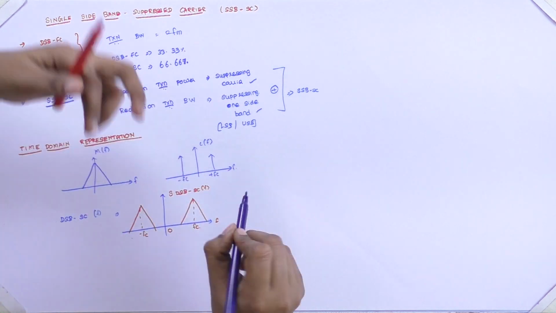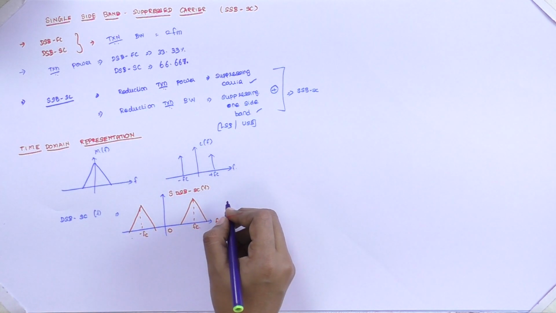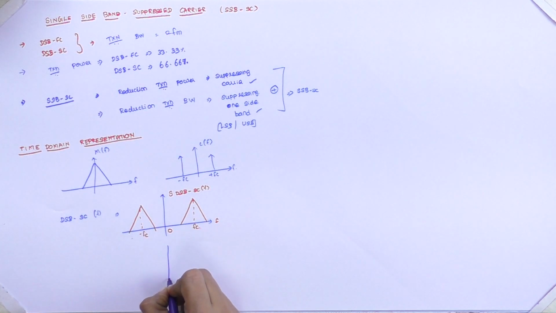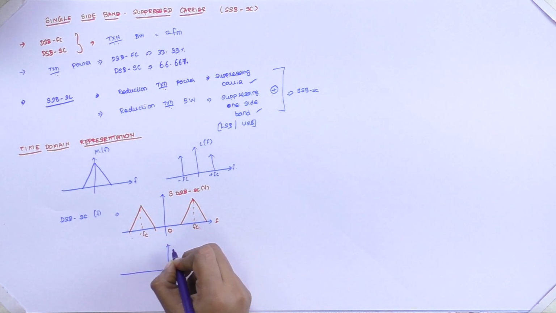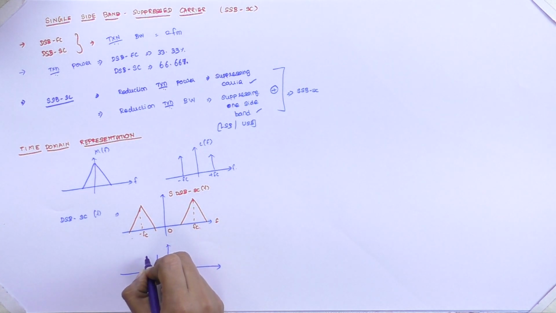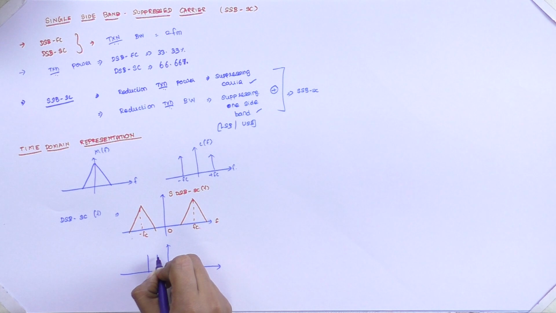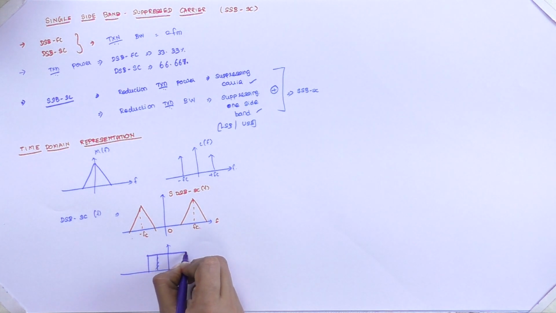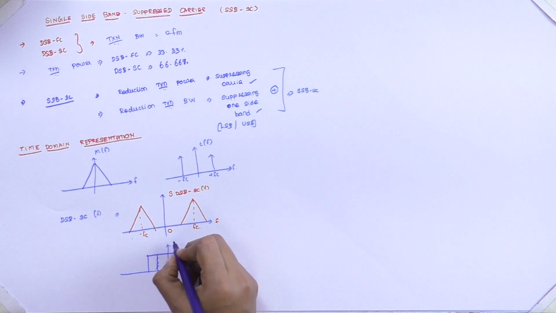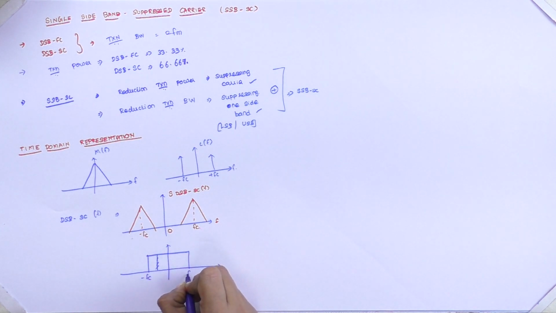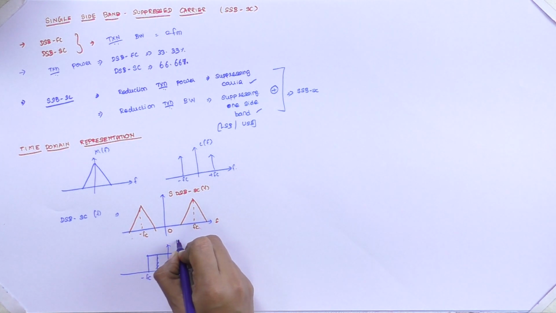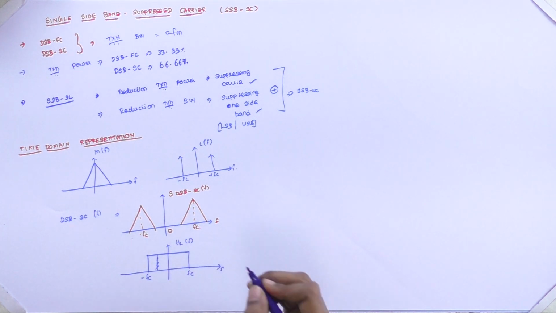When we pass this double sideband suppressed carrier waveform into a sideband filter having characteristics of minus Fc and Fc and F, this is our sideband filter's transfer function.